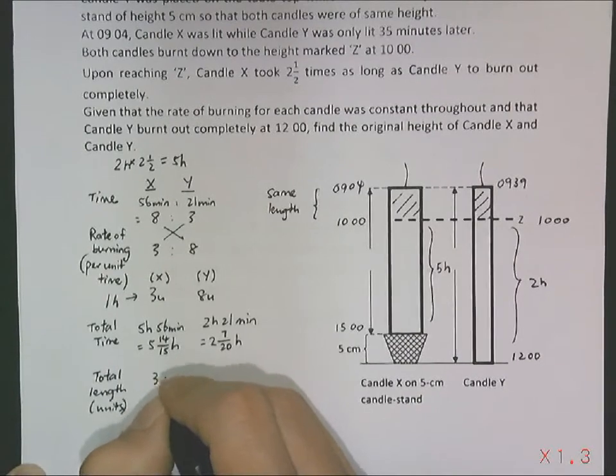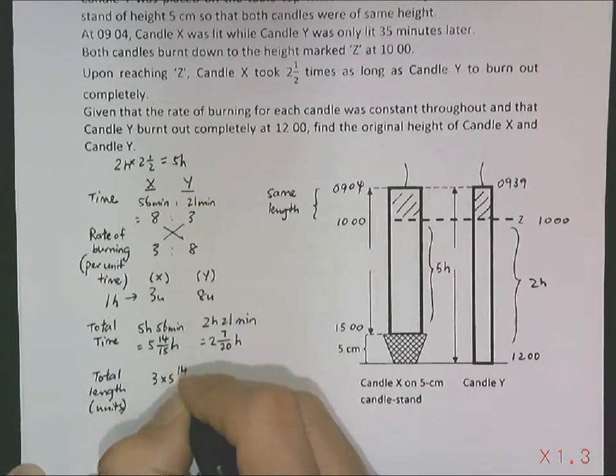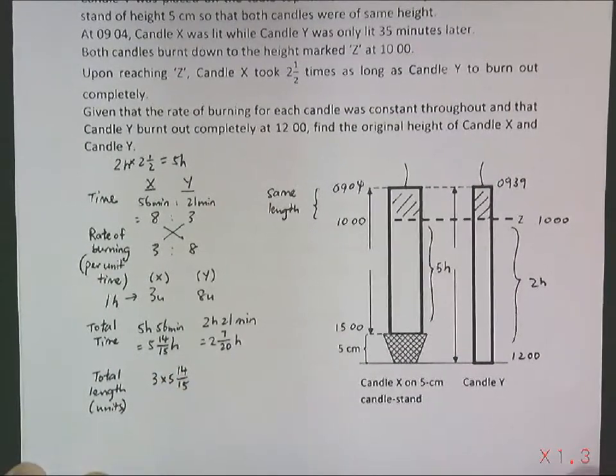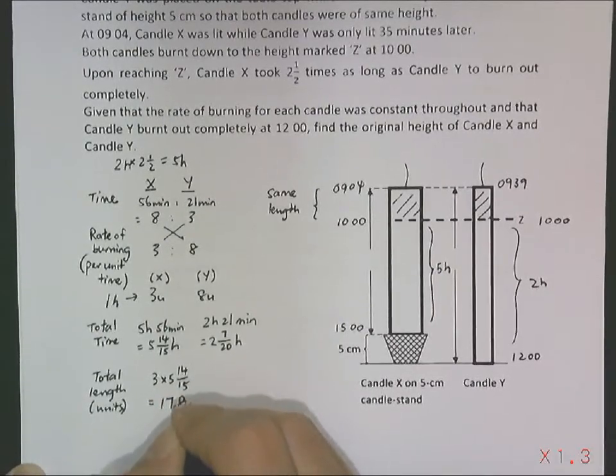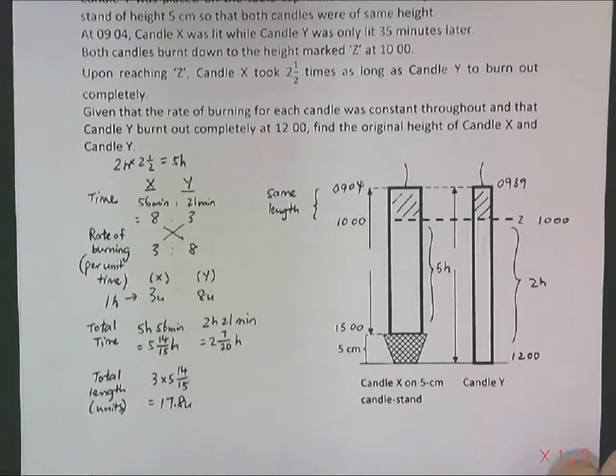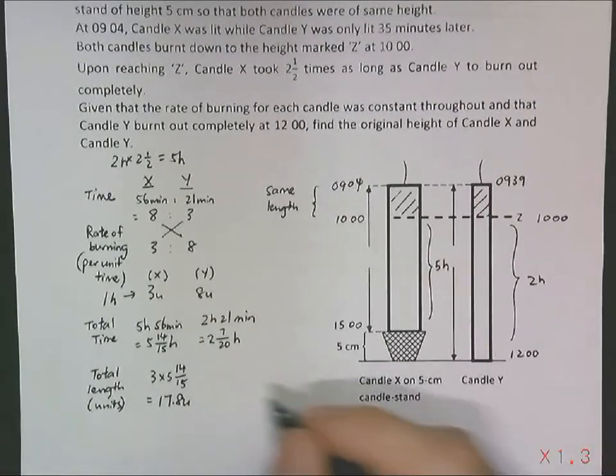So 3 times 5 and 14 over 15, and that gives us 17.8. Just use a calculator to give you the answer in decimal.